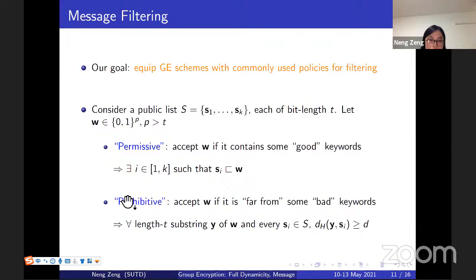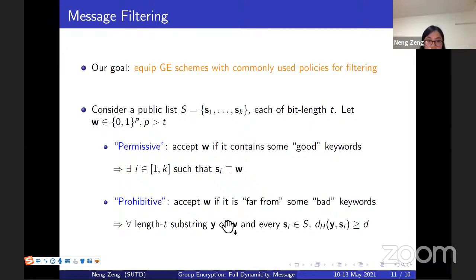And in the prohibitive policy, we will accept the message if it is far from some bad keywords. And the bad keywords can correspond to some topics that are illegal or simply out of the group's interest. So we will accept the message if it is far from some bad keywords.